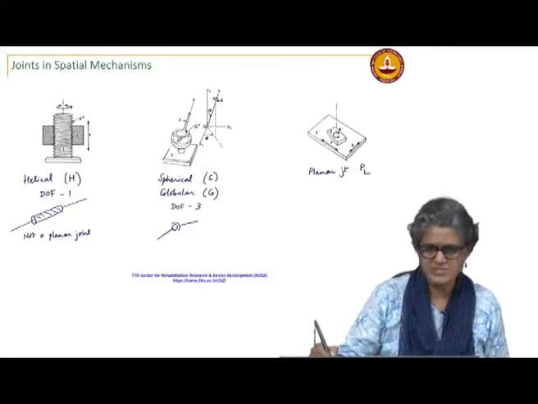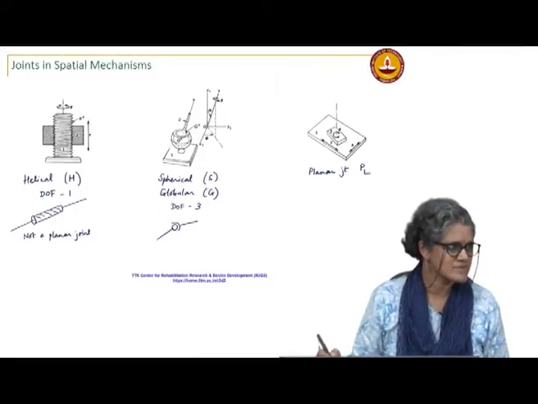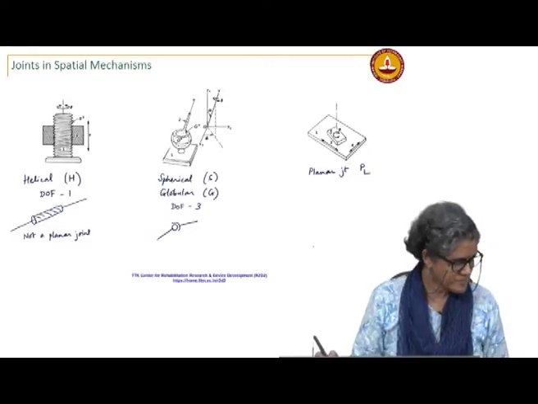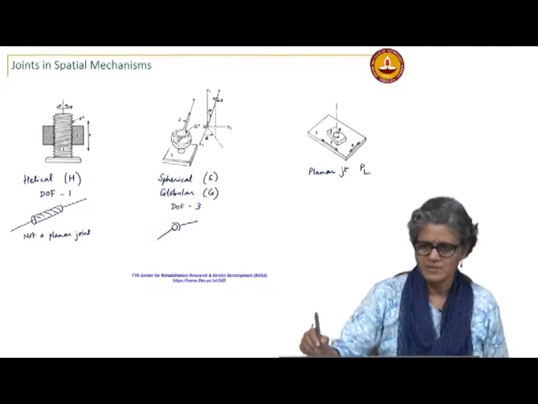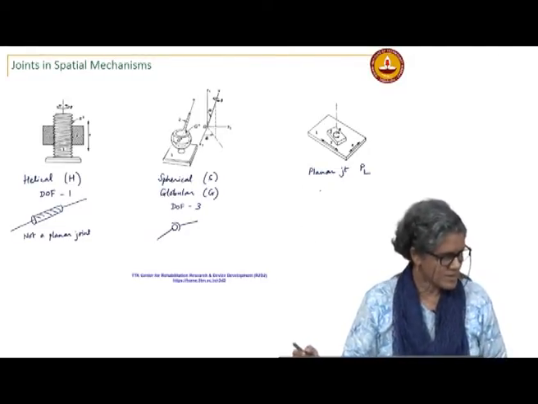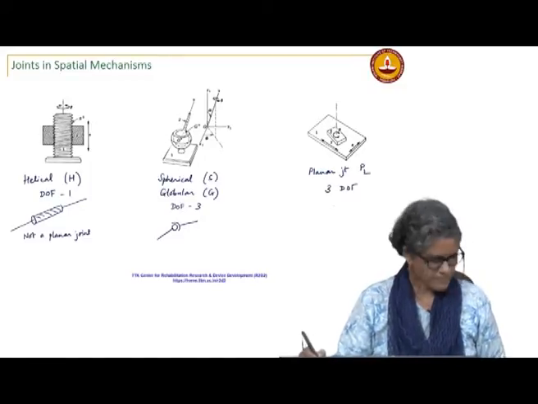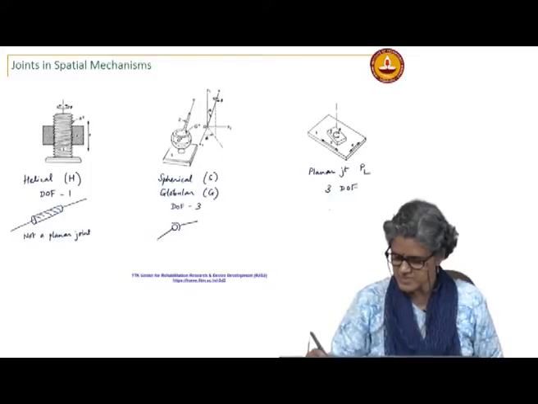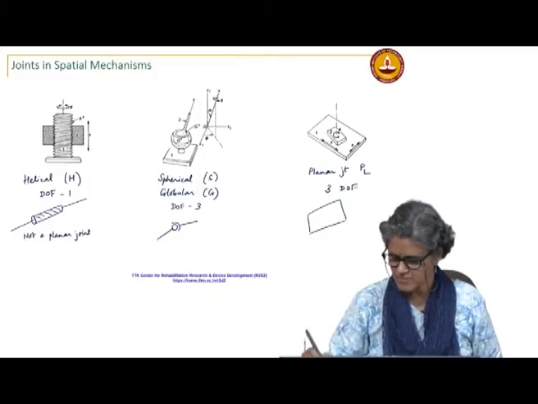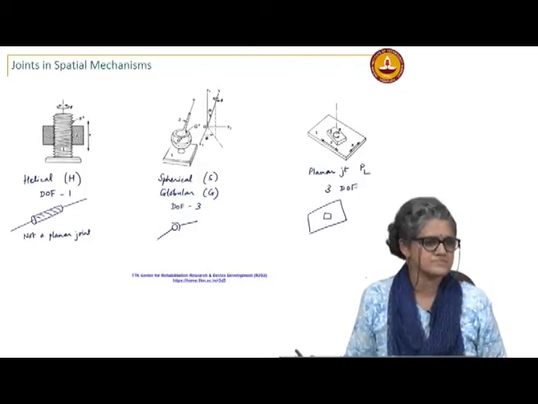Or even here as I am writing, that is a planar joint. I can move x, y and rotate. So, this is a 3 degree of freedom joint, and its general representation is just a plane with another thing on it.